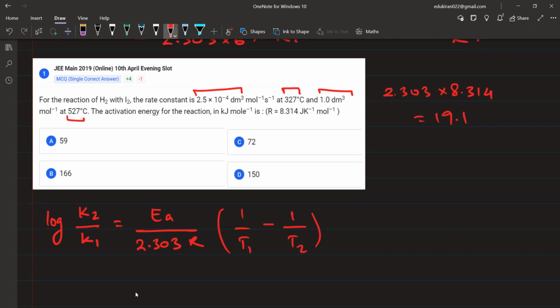You can write 19. Take the full value, remember as much as you can. 19.147. Okay. You can also take 19, because the values are very far apart here, so you can take 19 as well. Okay, sir.